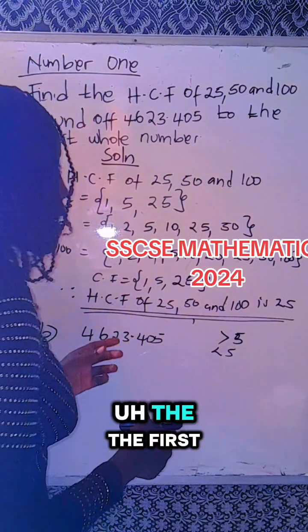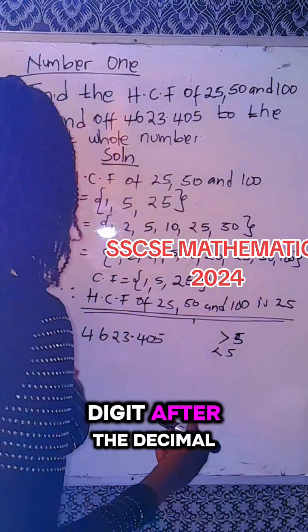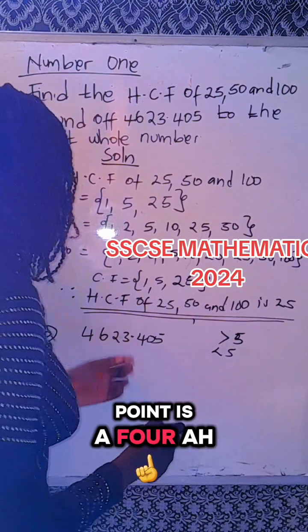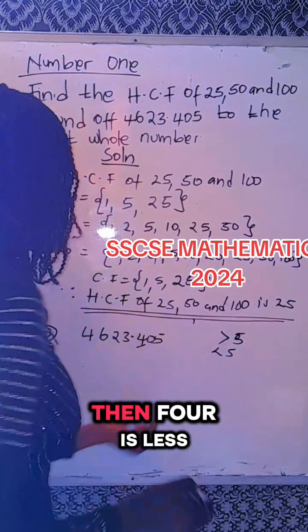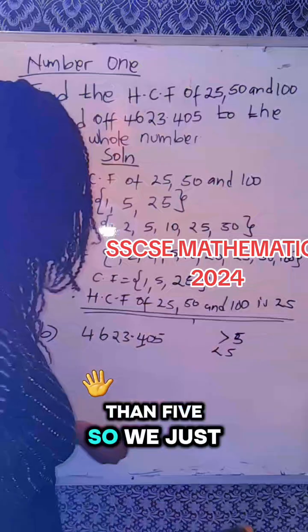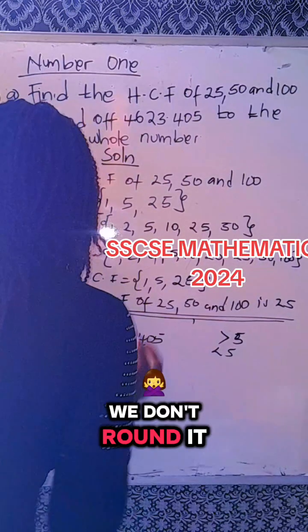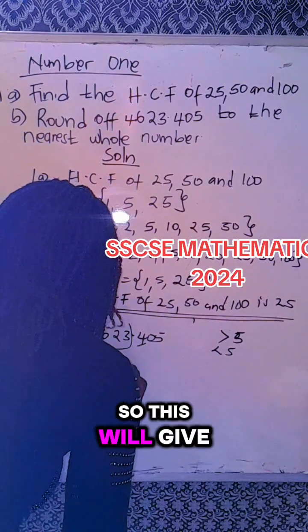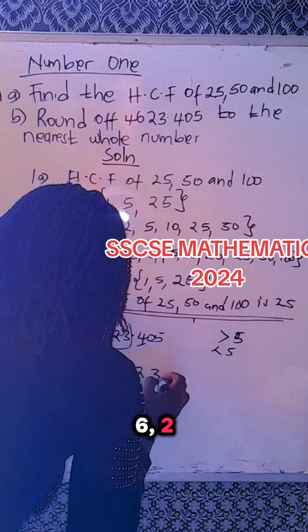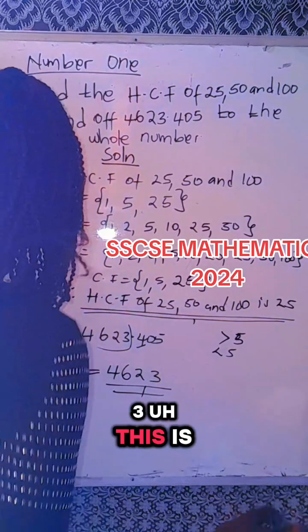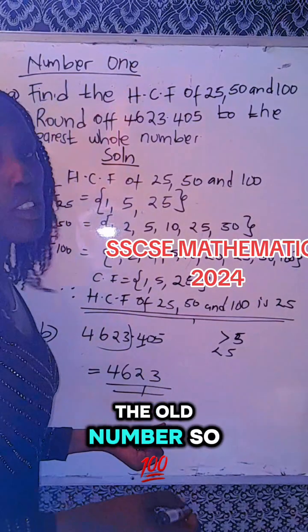Here, the first digit after the decimal point is a 4. Then 4 is less than 5. So we just take this. We don't round it up. We take that. So this will give us 4,623. This is the whole number. So as simple as that.